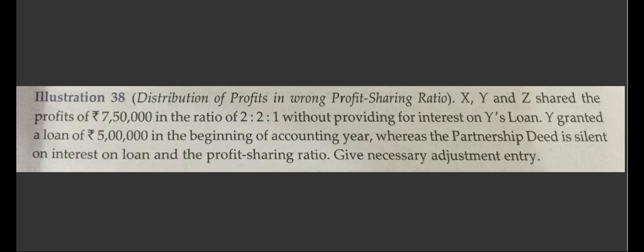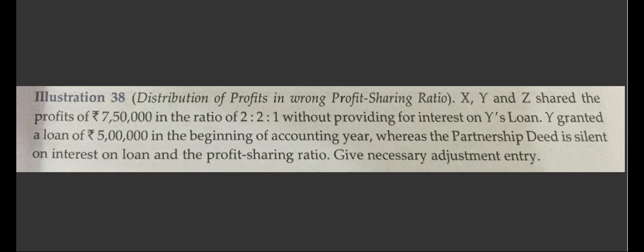The Indian Partnership Act 1932 says that if the partnership deed is silent as to interest on loan, interest at the rate of 6% on the loan is to be paid. What they have done is they have not provided for this 6% interest. Now this interest on loan, as I have already told you, is a charge against profit. That means we have to pay this interest whether we are earning profits or we are into losses.